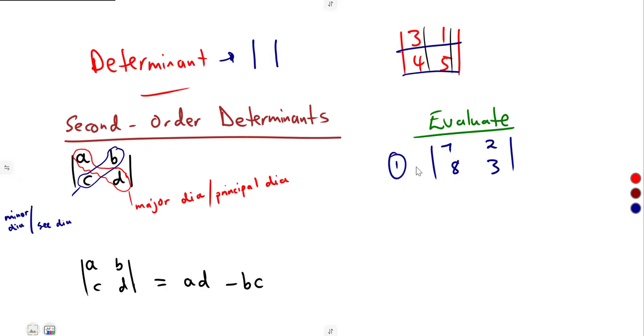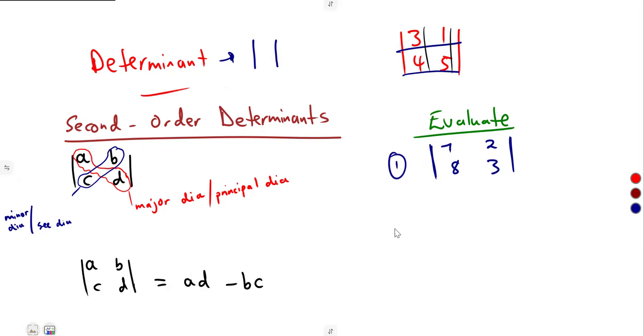Evaluate. What is it that I'm supposed to evaluate? That is the question. There's nothing else that I'm given. I'm just given this. These lines, remember, once you see this, it is the determinant. So the question is simply to determine the determinant of the matrix that you're given here.